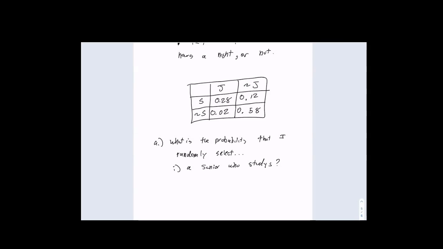What's the probability I randomly select a junior who studies? I'm not trying to trick you. So the probability that they are a junior and they study is equal to what? I am not trying to trick you here. It's very obvious.